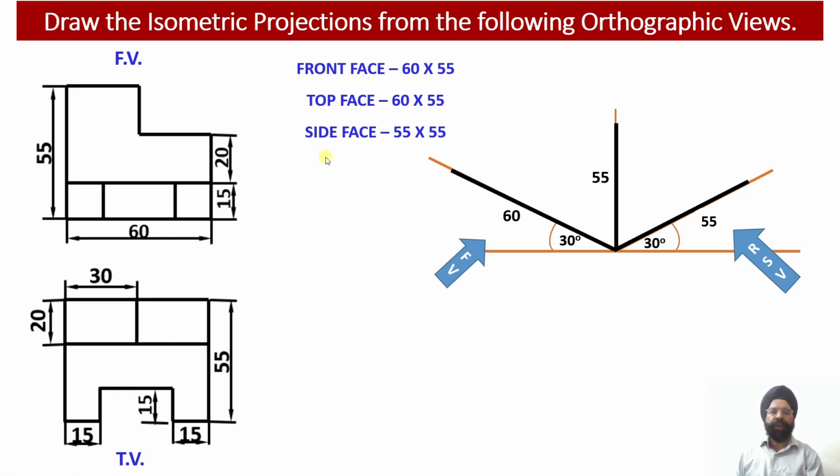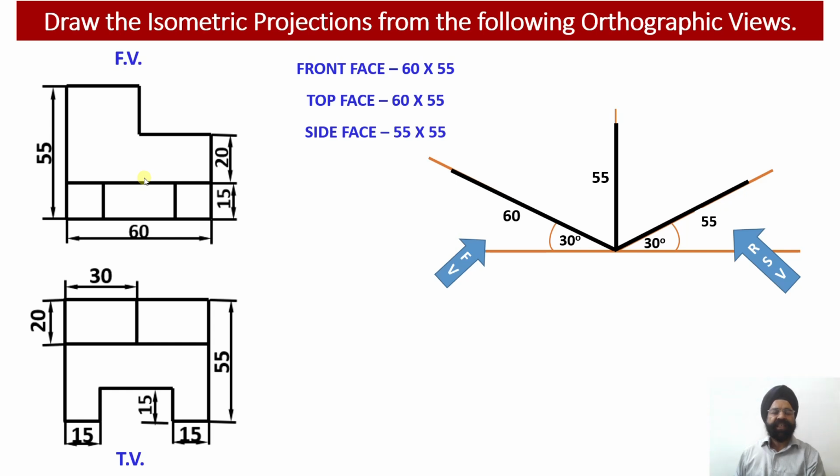The side view face dimensions will be width equal to 55 millimeter and the height of the solid equal to 55 millimeter. So from the right hand side, we are going to observe a square face which has an edge equal to 55 millimeter.